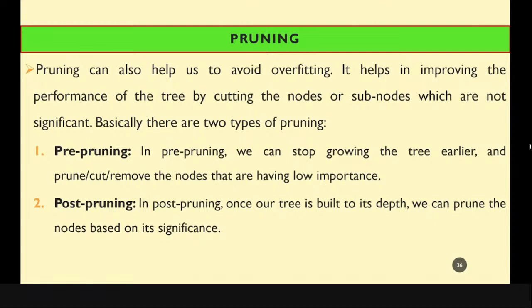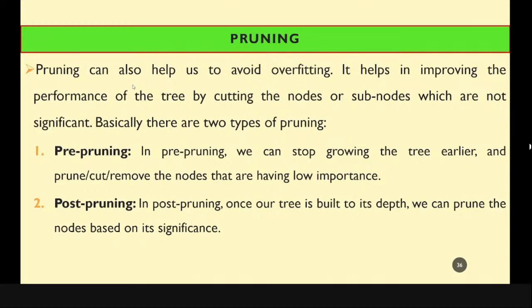Now, pruning also helps us to avoid overfitting, because if we find that there are a few features which are not relevant for the data set, I mean, we cannot fetch meaningful information from those particular features, then we can prune those features.